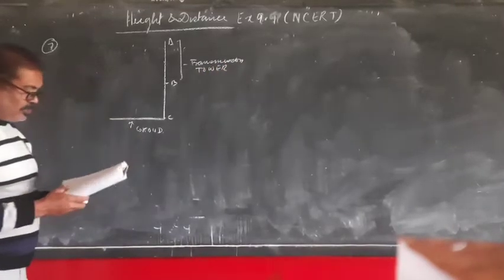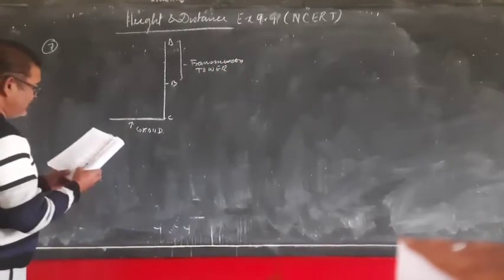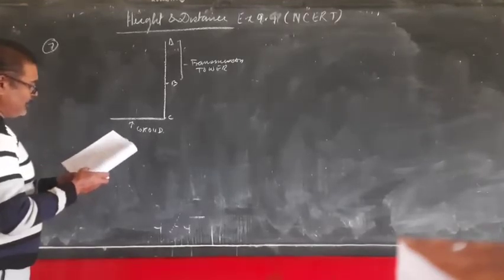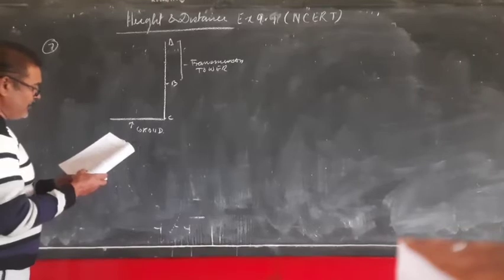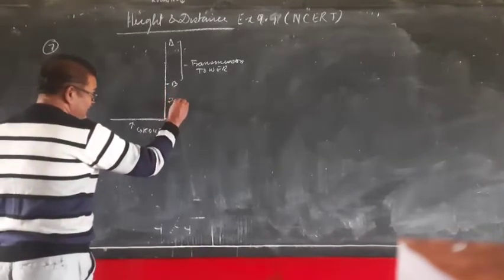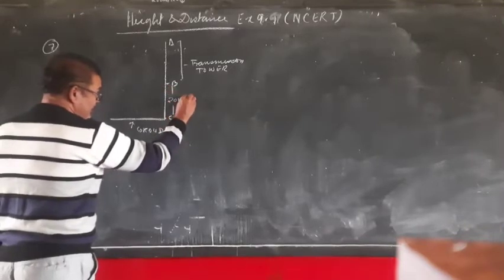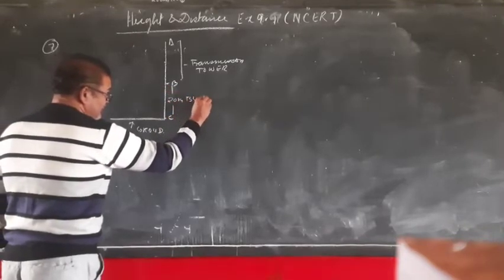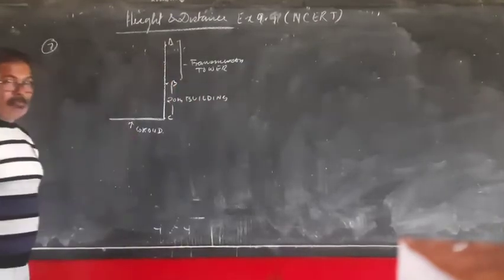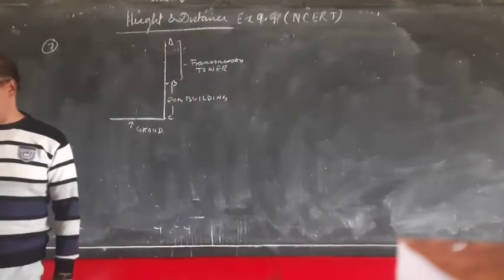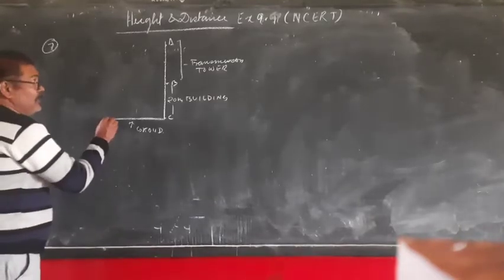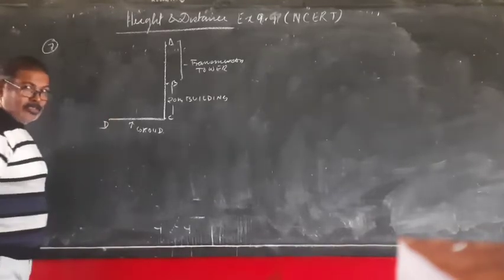This transmission tower is fixed at the top of a 20-meter high building. This is the 20-meter high building. On this 20-meter high building there is an Airtel tower. And this is the point on the ground.